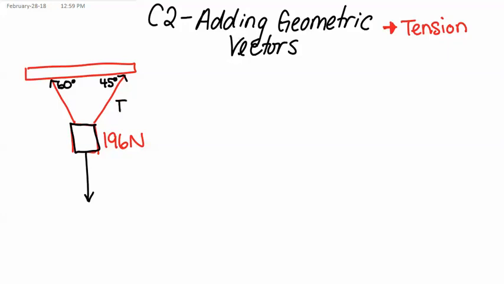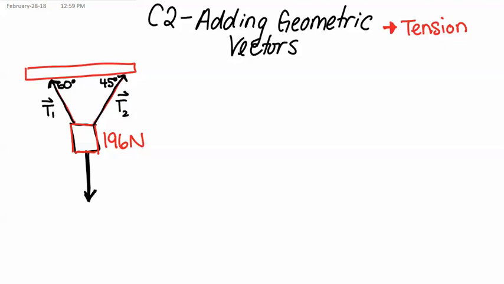We'll call them the vectors T1 and T2 for tension. We already know this vector is 196 newtons downward. Now we want to know what the tension is in these 2 ropes that's going to make this box not move at all.